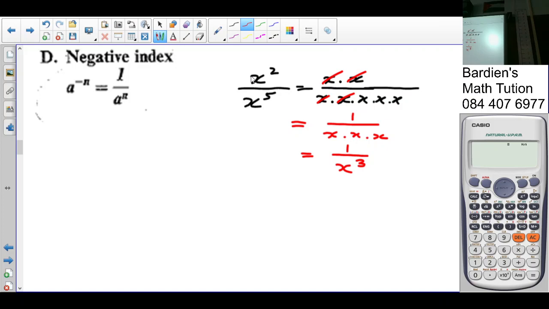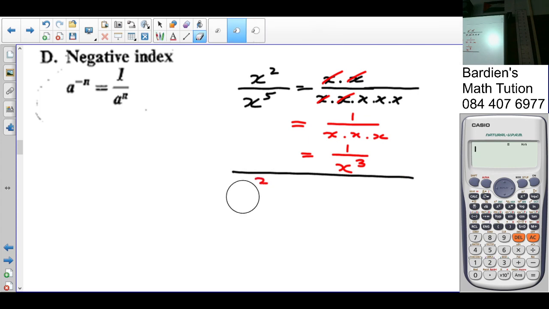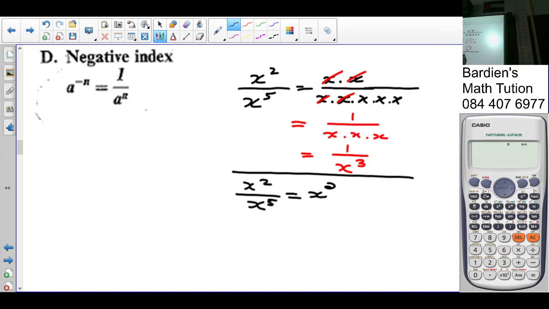Who understands? Okay. So let's apply the second rule of exponents. You have x squared over x to the 5. So that would simply be x to the 2 minus 5. What's 2 minus 5? Negative 3.